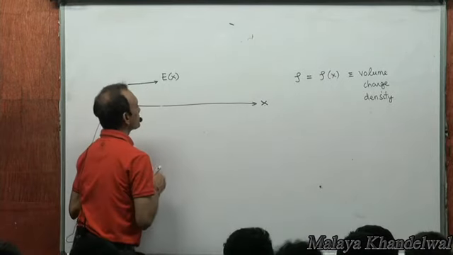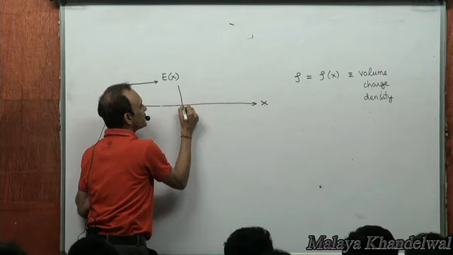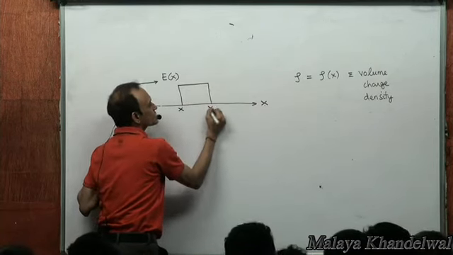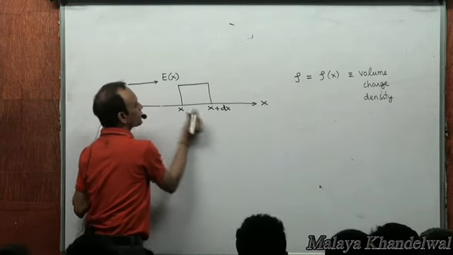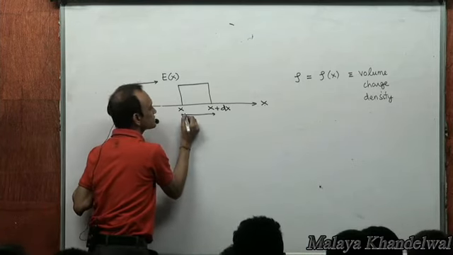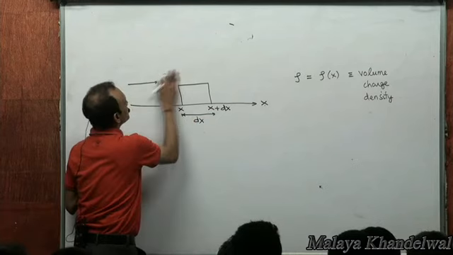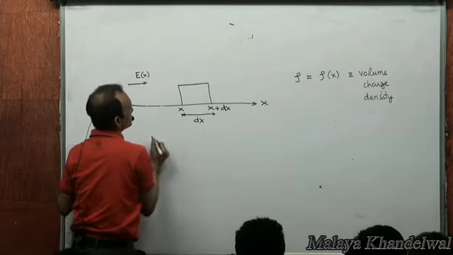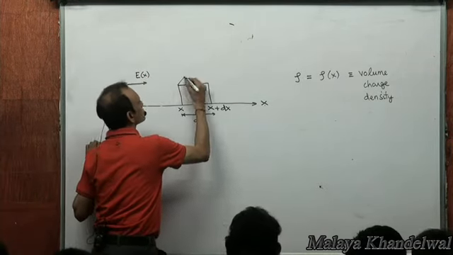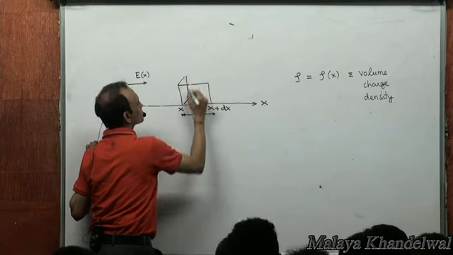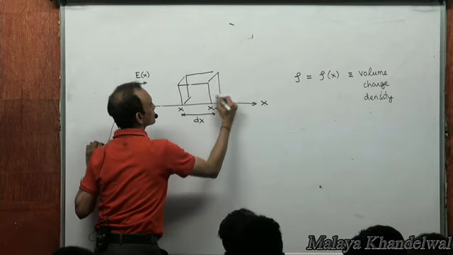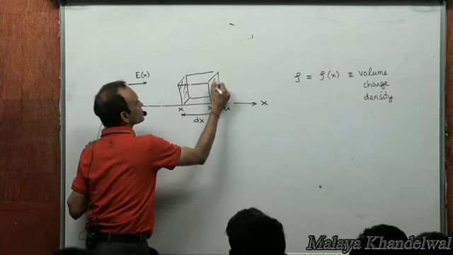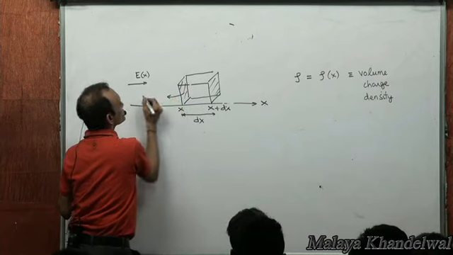What I do is, I take a small cuboid of length dx whose area of cross section is 1 square unit.